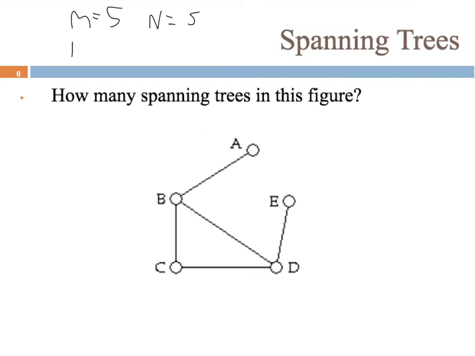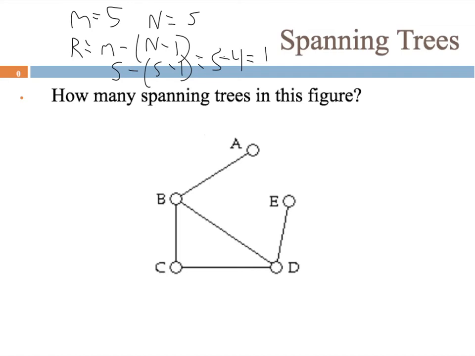Remember, redundancy is m minus (n minus 1), so 5 minus 4, which is 1. So all we have to do to create any kind of spanning tree is to remove one of the extra edges. As you can see, the circuit here is BCD.